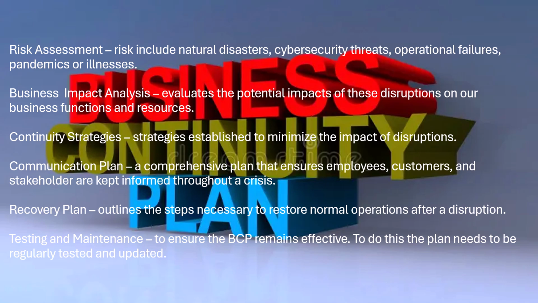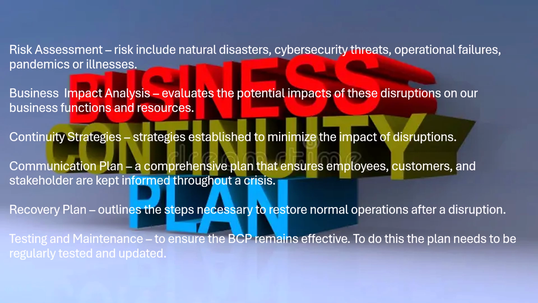It should also refer to business impact analysis, and that's where you evaluate the potential impact of these disruptions on the business function and resources. It should include some continuity strategies, which are strategies established to minimize the impact of disruptions.